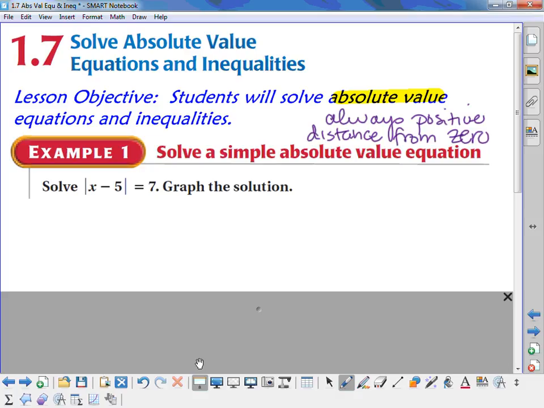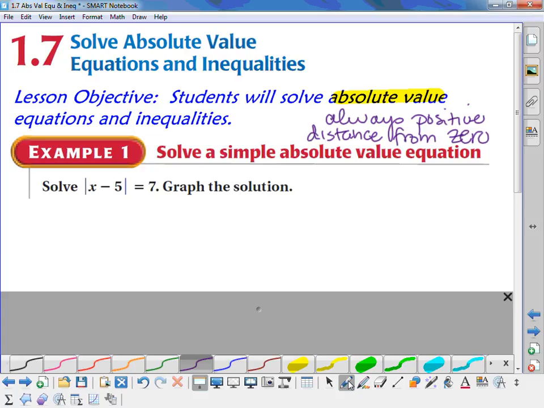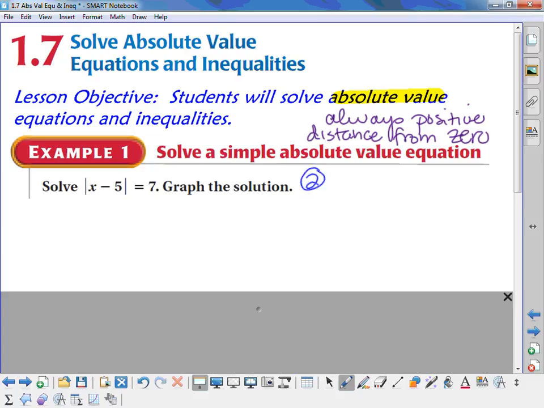So that means that what is inside of the absolute value bars could be positive or it could be negative. So there needs to be two equations. So what you're going to do is, first thing you do is you write two equations for the positive and negative case.